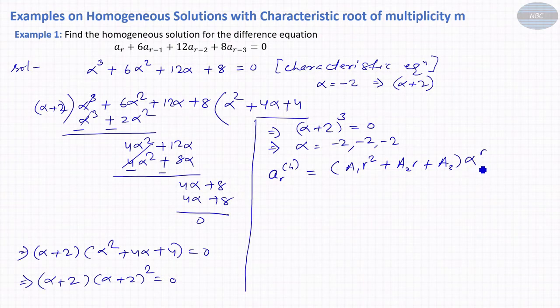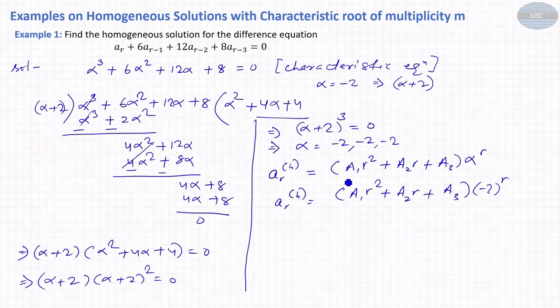So here alpha is the characteristic root of multiplicity m, and a_r^h can be written as (A1 r square plus A2 r plus A3) into minus 2 to the power r. Okay, so this is the solution.